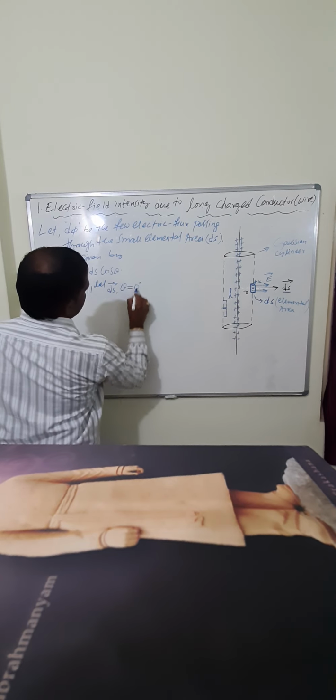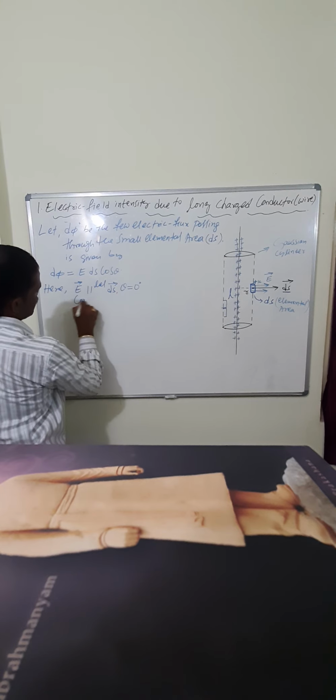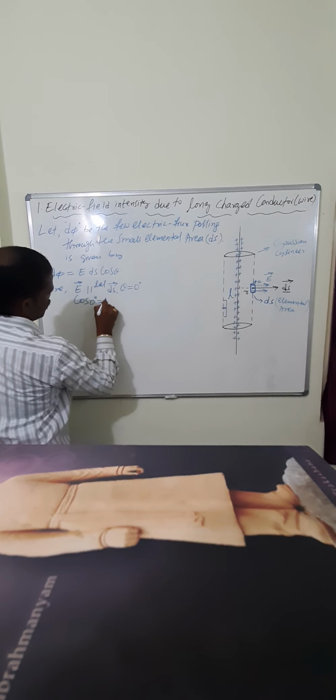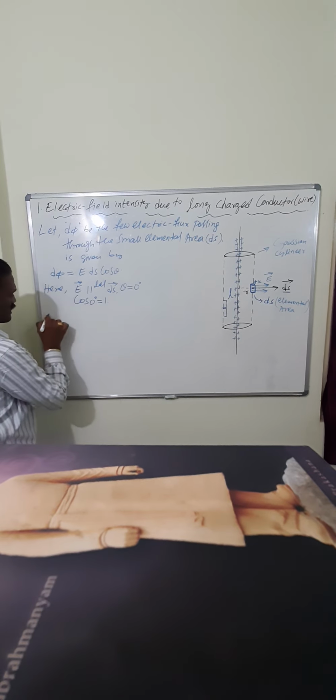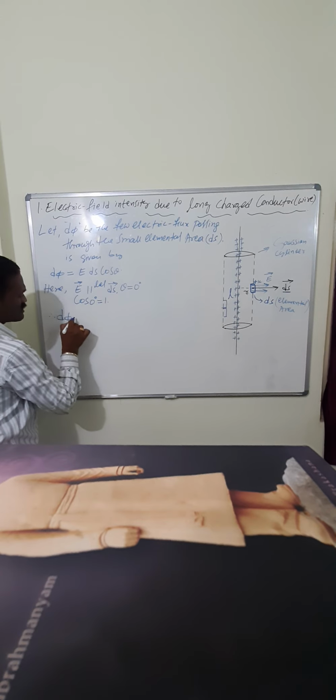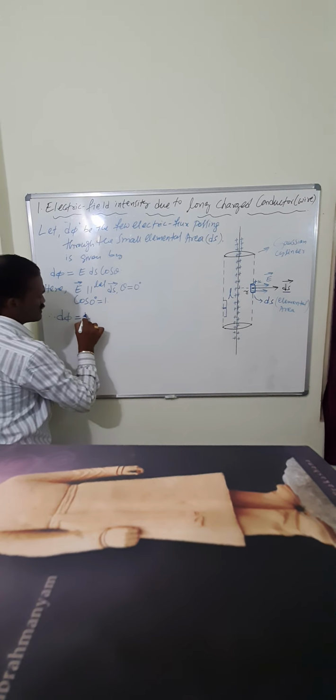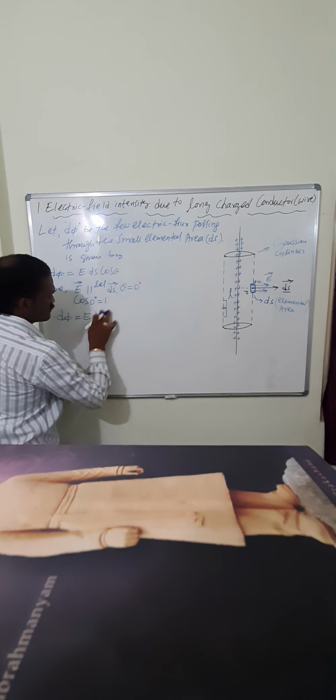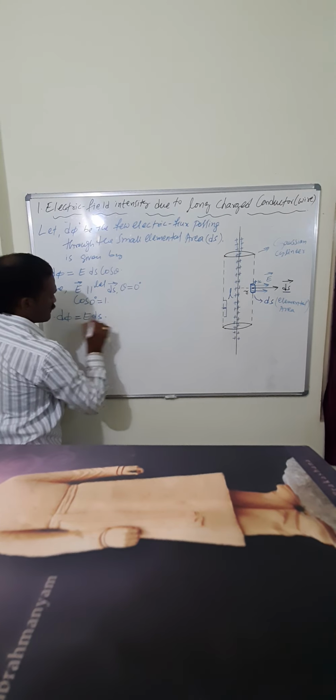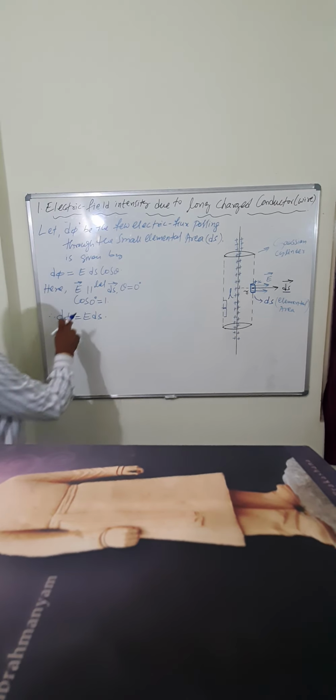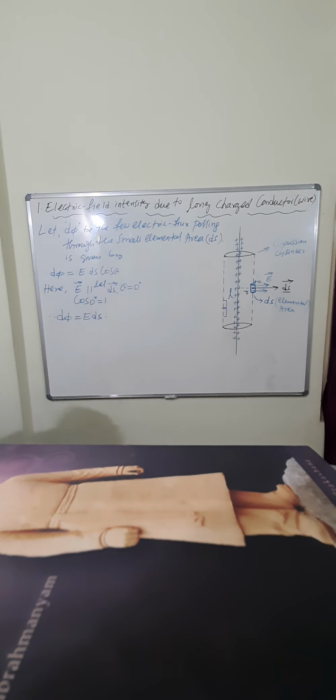Theta is equal to 0 degrees. Therefore, cos of 0 degrees is equal to 1. Therefore, the flux passing through the small elemental area is d phi equals E into ds. Am I right or not? These many fluxes are passing through the small elemental area ds.